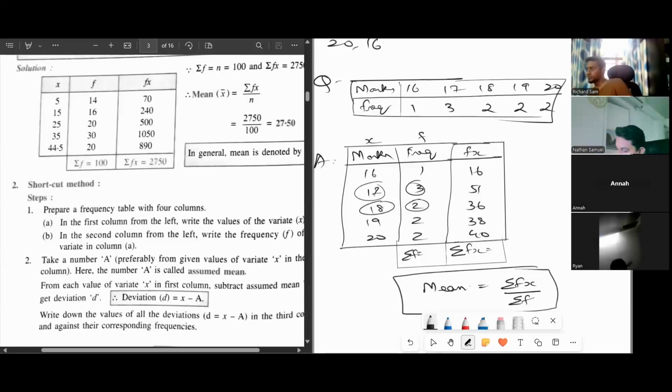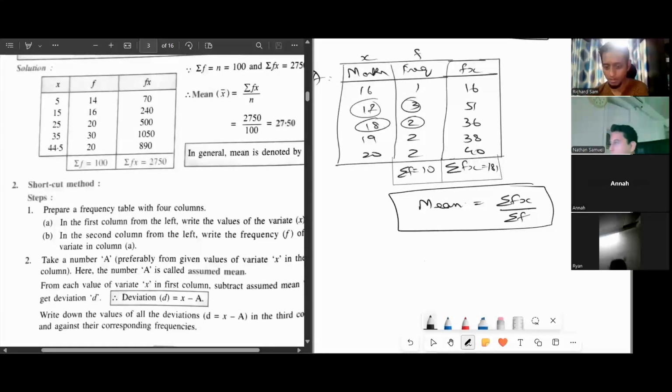What's the answer? Okay. So summation of fx, you got 181, right? Yes. And summation of f is 10. Then you write the formula, and then mean is equal to 181 divided by 10, which is equal to 18.1.